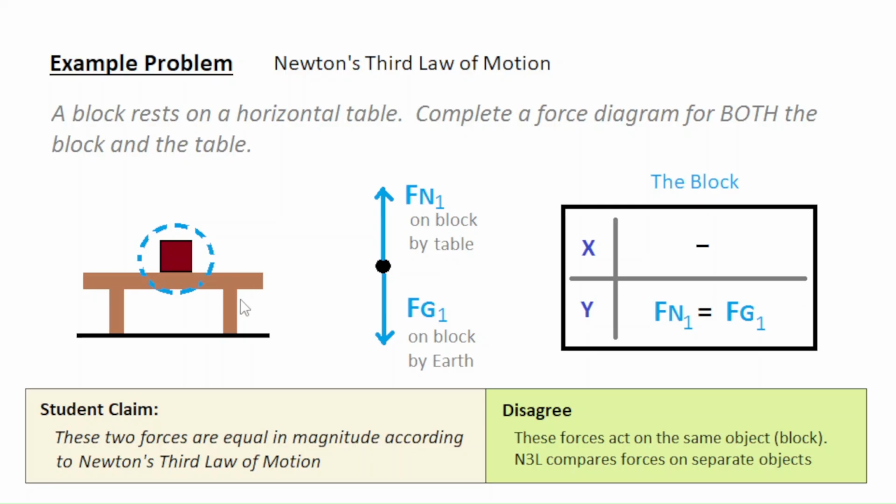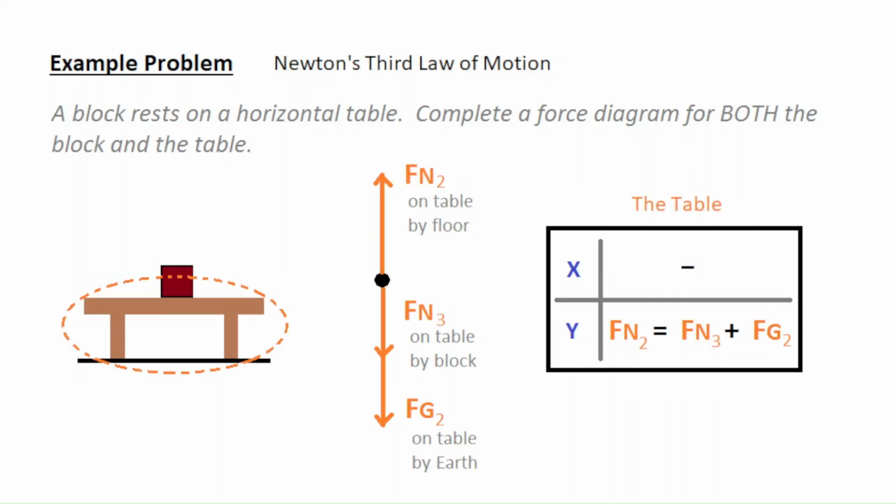The block is touching the table, so maybe the next step for us would be to focus on the table and figure out what forces act on it. Here, looking at a force diagram for the table, I can think of 3 forces that act. We have an upward normal force provided by the floor. I'll call that Fn2. A downward normal force provided by the bottom face of the block. I'll call that Fn3.